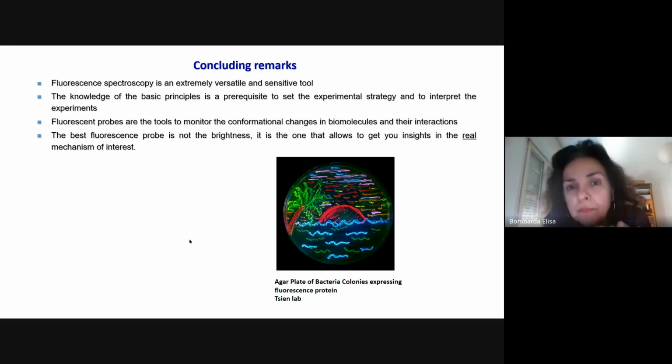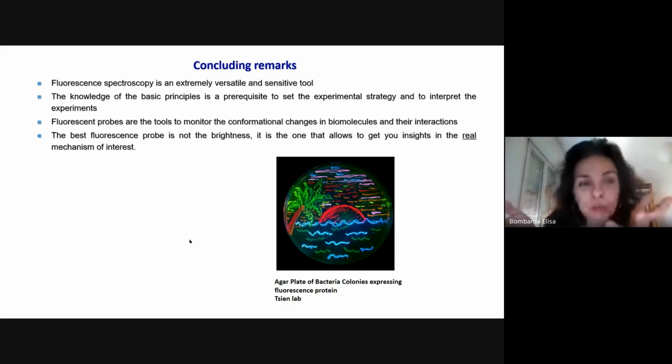Without knowing them, you cannot go further, or at least you cannot go further correctly. And fluorescence probes are the tools to monitor the conformational changes in biomolecules and the interaction between biomolecules.